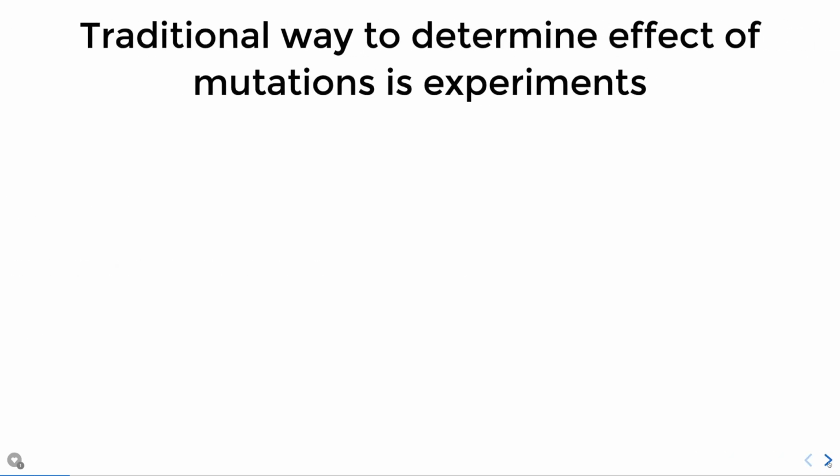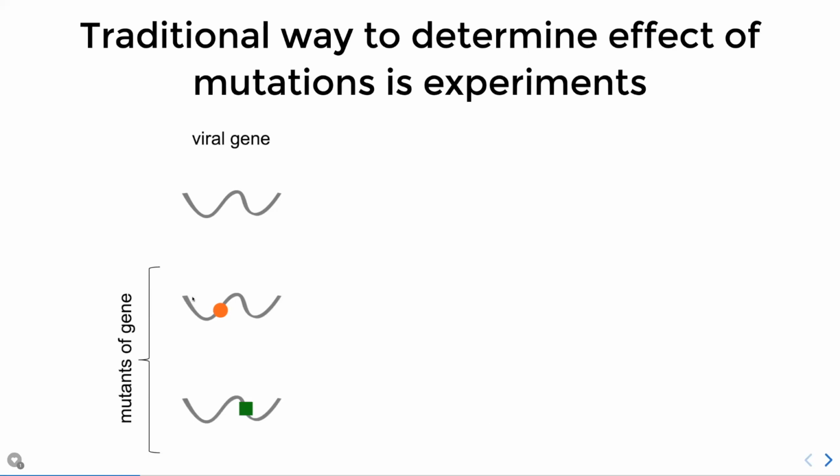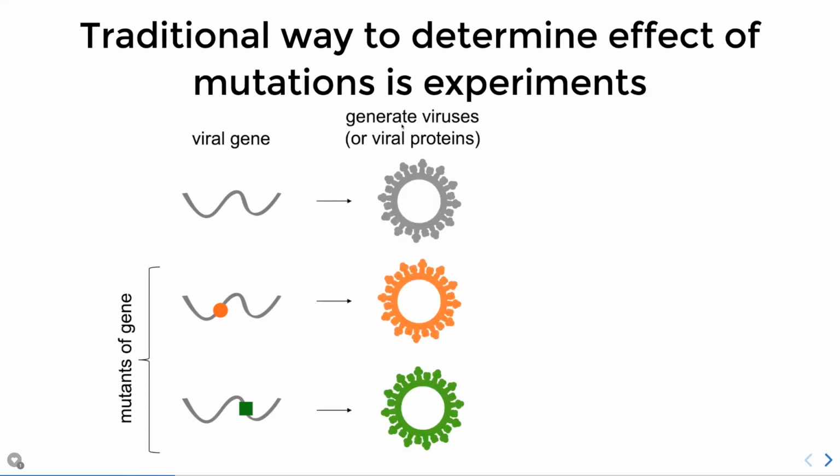So what is the traditional way to determine the effect of mutations? The traditional way to do this is experiments. So basically you have some viral gene of interest. You will take this viral gene and engineer some mutations into it. You then might generate either viruses or viral proteins, depending on exactly what you're studying, that contain those mutations.